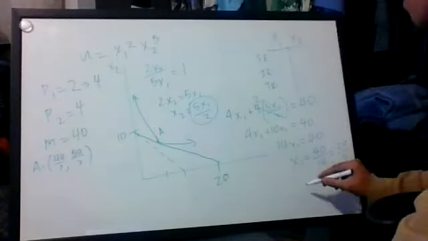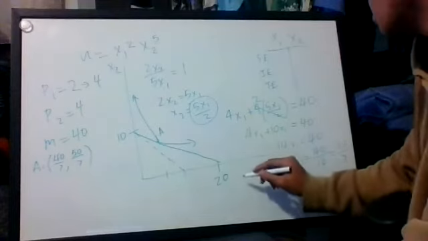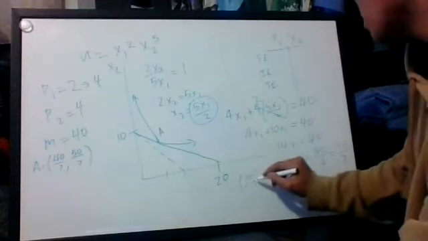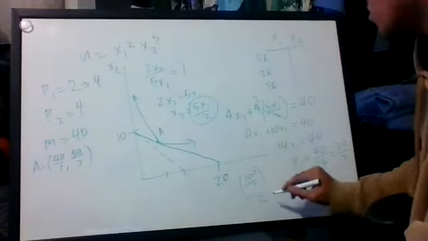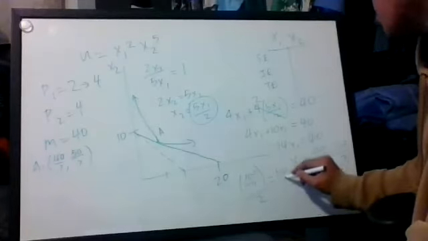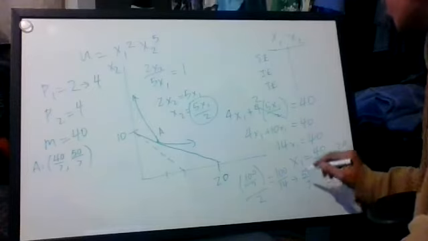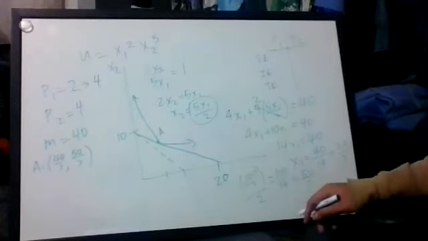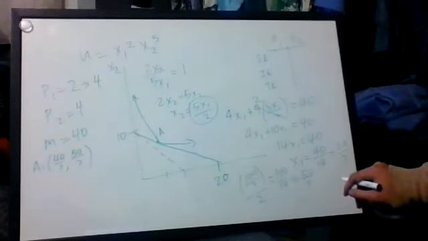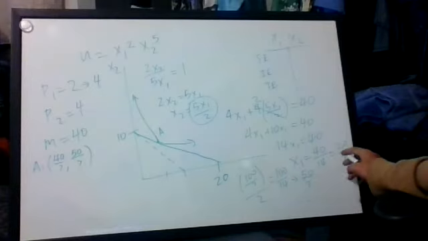And x2 as a result is going to be equal to, let's see, 100 over 7 divided by 2 is equal to 100 over 14, which is 50 over 7, right? So my value of x2 is actually not going to change, but I see that my value of x1 does change, right?